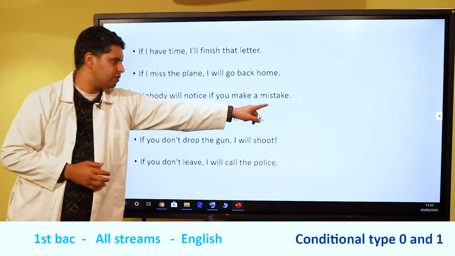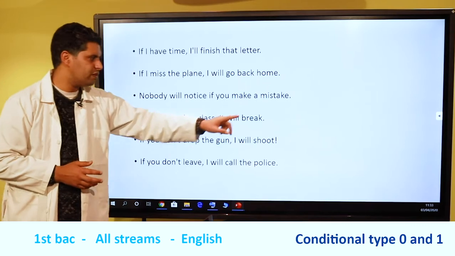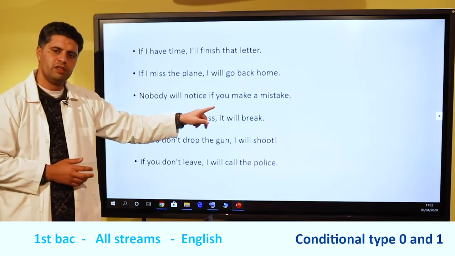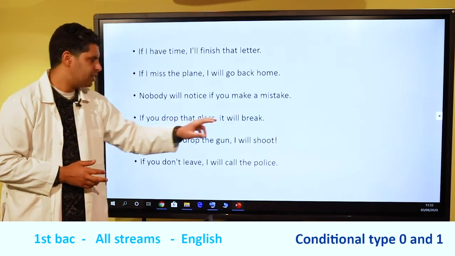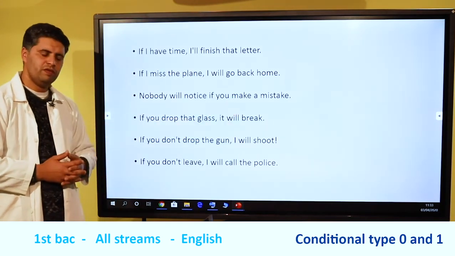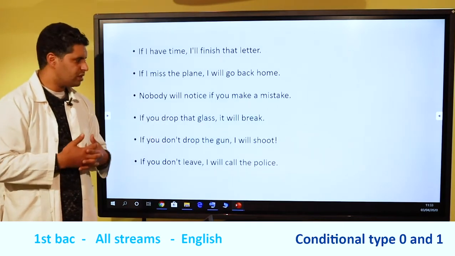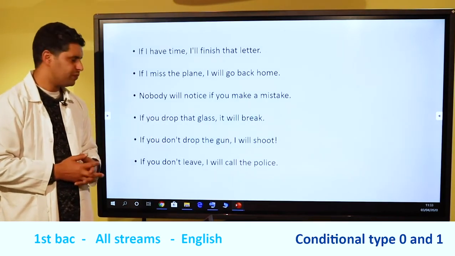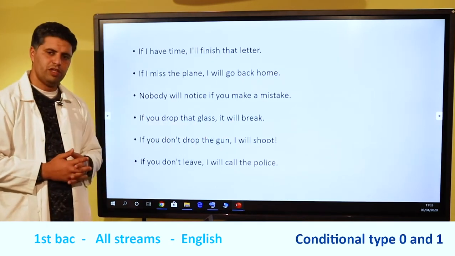So the if clause, as you can see, and here we have the main clause. The if clause is used with the structure conjunction plus subject plus verb, and here we have the future simple. If you drop that glass, it will break. So here we have the result and the cause.